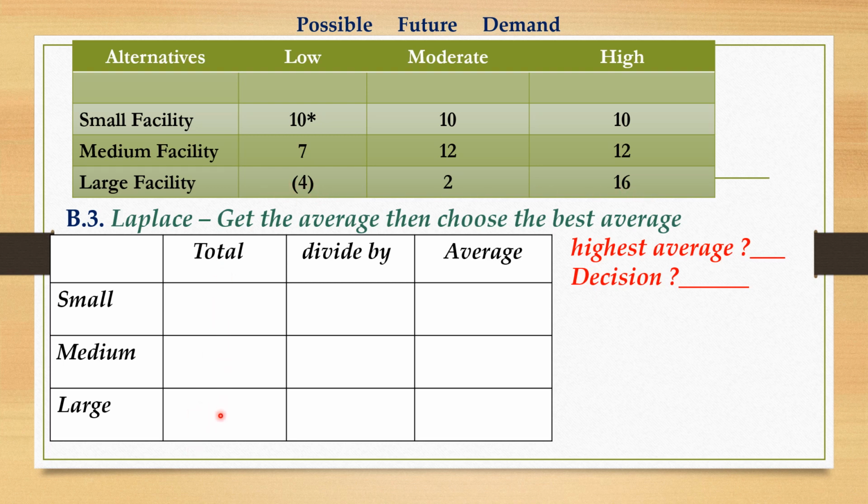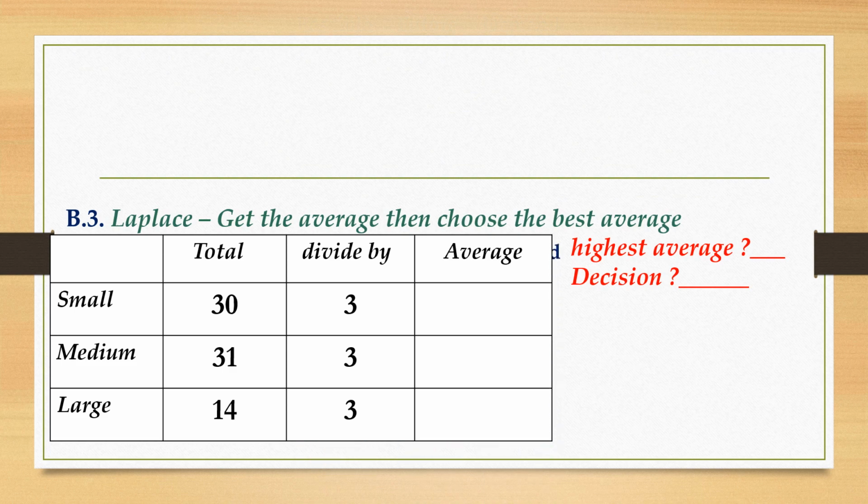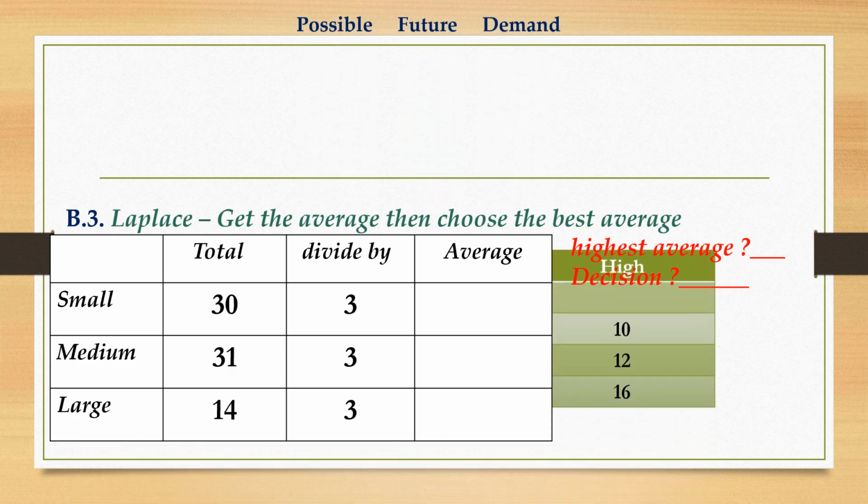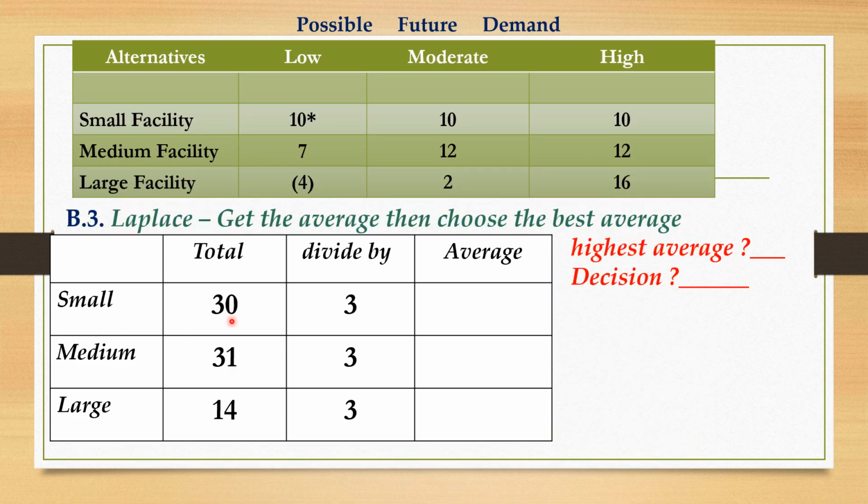Write down the total here. Check your work. You should arrive at the same figures: 30, 31, and 14.